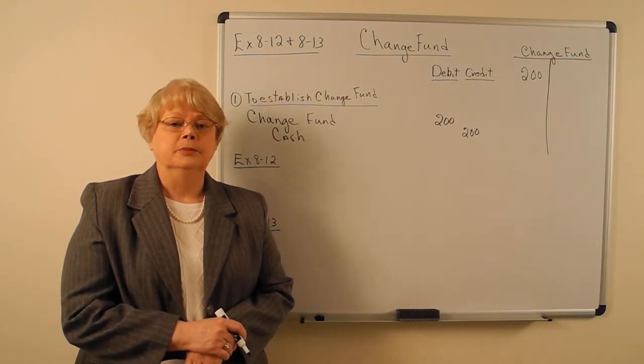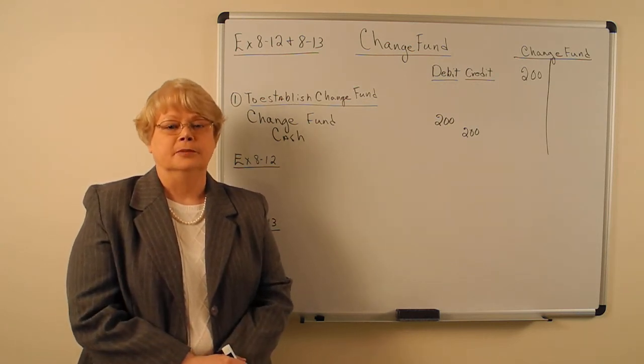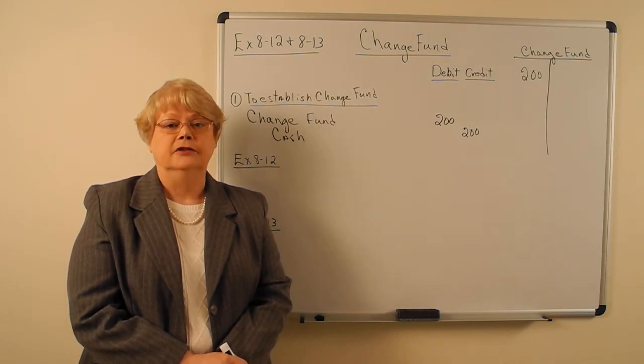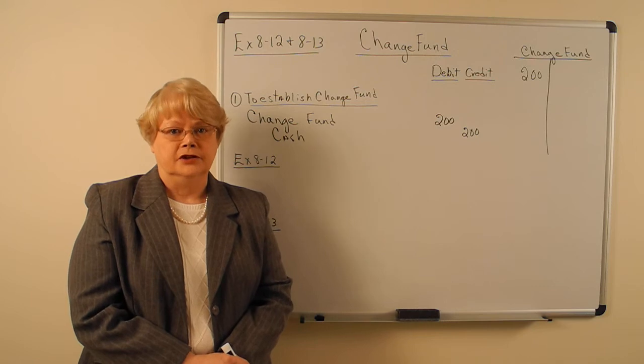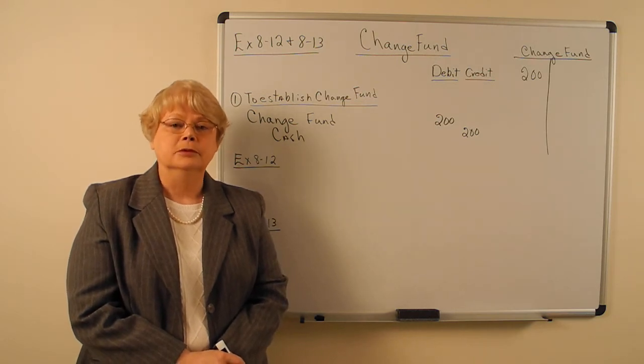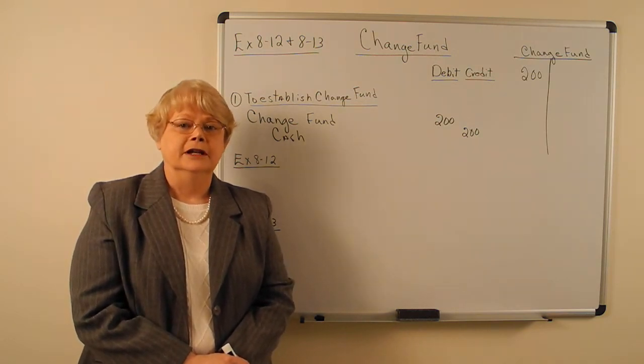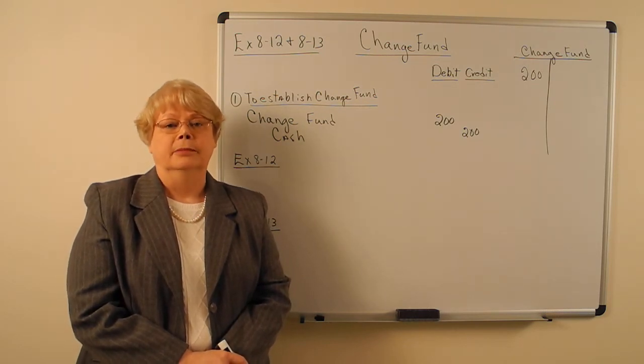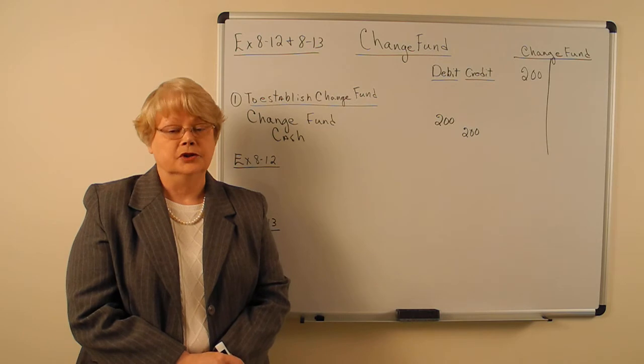Now, when you're working problems, sometimes the problem will say there's a certain amount of cash in the cash register drawer. If the problem says the amount in the drawer, then you have to take out or reduce the amount by the change fund, because you're going to leave the change fund in the drawer, remember that.